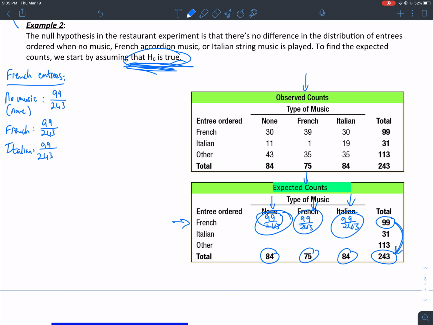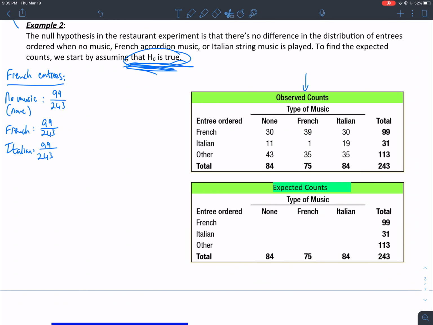But I have to do that proportion according to the number of entrees. Otherwise, when I add up all my expected counts, I might exceed 84 or 75 or 84, which can't happen. I have to keep my expected counts proportional to the number of entrees that were ordered in each treatment group. So I can't do this, and let me erase all my scratch here.